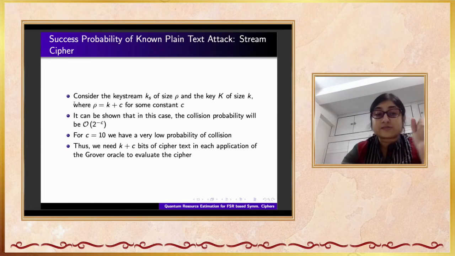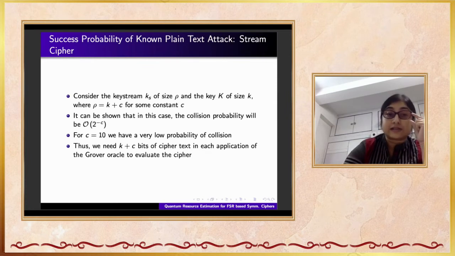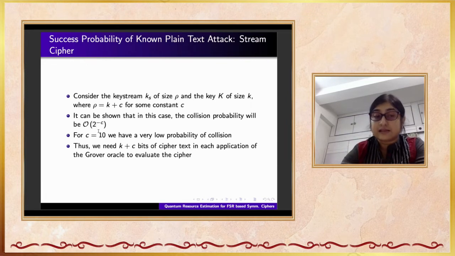So in the case of a stream cipher, what will happen? Consider the key stream of size rho and the key of size k, where rho equals k plus c, where c is some constant. It can be shown that in this case, the collision probability will be of the order of 2 to the power minus c. So even for c equal to 10, we have a very low probability of collision.